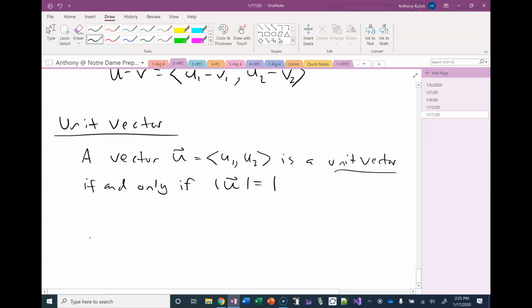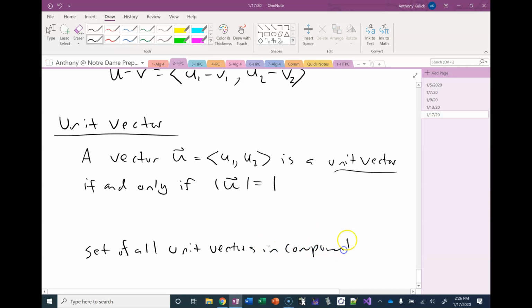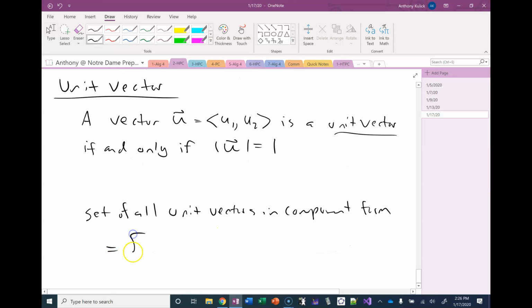So if I wanted to describe the set of all unit vectors, in component form, how would I describe that set? All of you should know this.